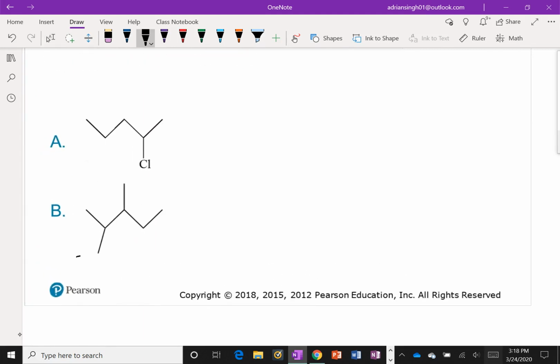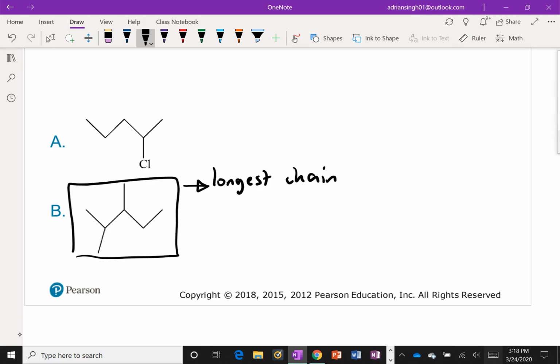All right, let's take a look at one more. We'll do this one down here at the bottom, and we have to name that. The first thing to do is to get the longest carbon chain. So let's see, if we start here, we get 1, 2, 3, 4, 5. I can start down here, maybe 1, 2, 3, 4, 5.